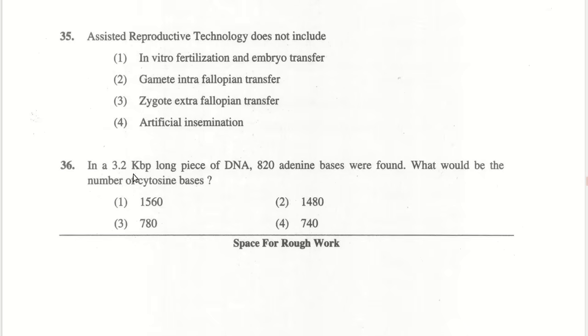If you add up 820 plus 820, that gives some number, and 780 plus 780. That is how the mathematics works. By Chargaff's base equivalence rule, we find that for 36, the third one, 780, is the number of cytosine bases.